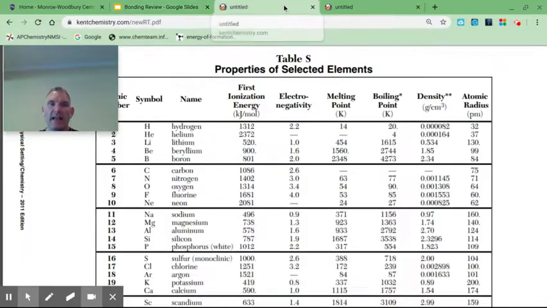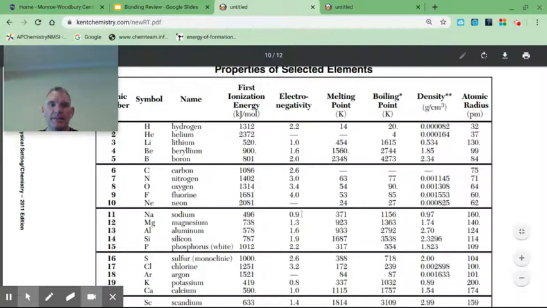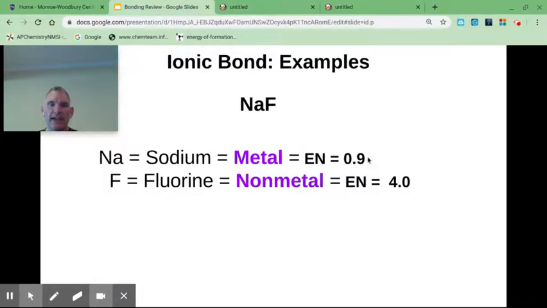On table S, sodium is 0.9 and fluorine is 4.0. So if I have 0.9 and 4.0, my difference is going to be 3.1. Remember that my difference of 1.7 to 3.3 is ionic. So this would fall into the ionic category as well.